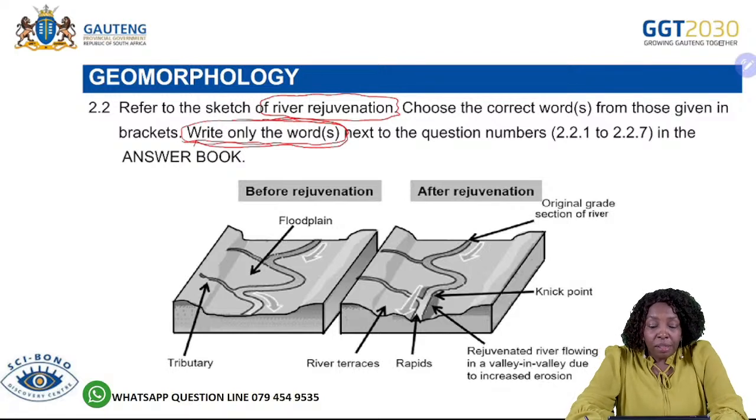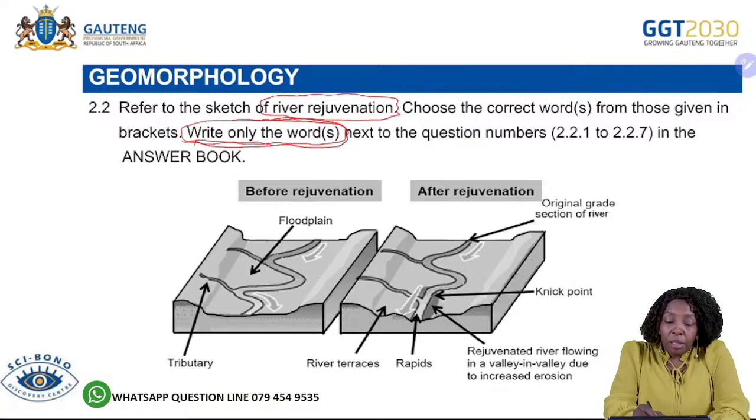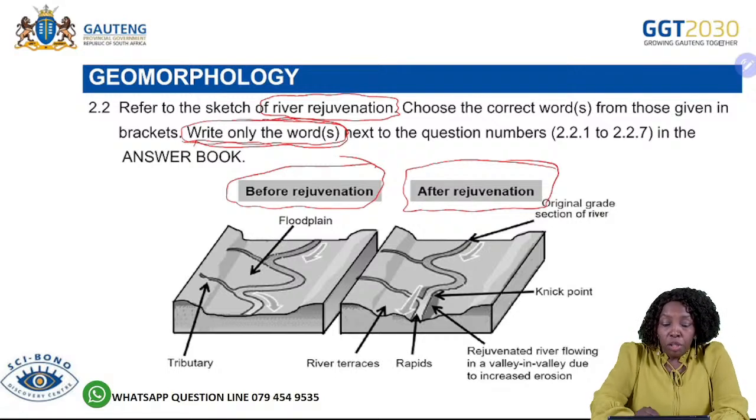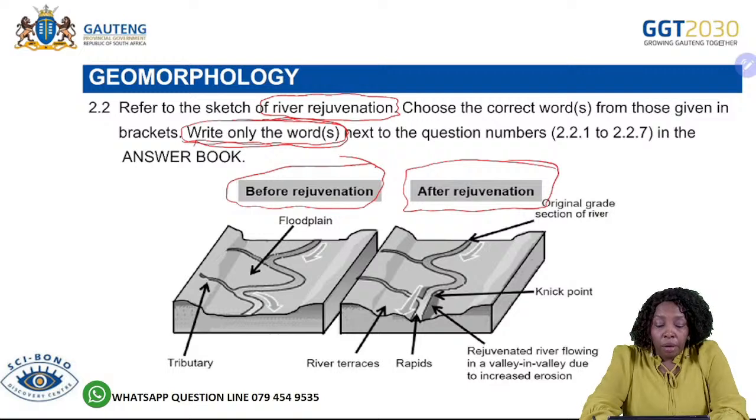Right, so in this diagram, we've got the situation before rejuvenation and after rejuvenation. So before you can even answer your question, you must look at the diagram itself and look at what are the developments or the changes between these two floodplains, okay?